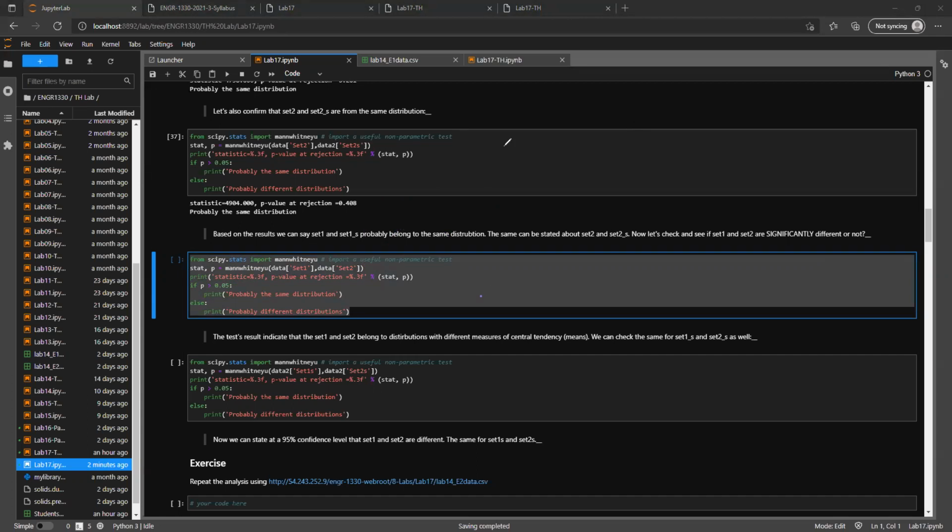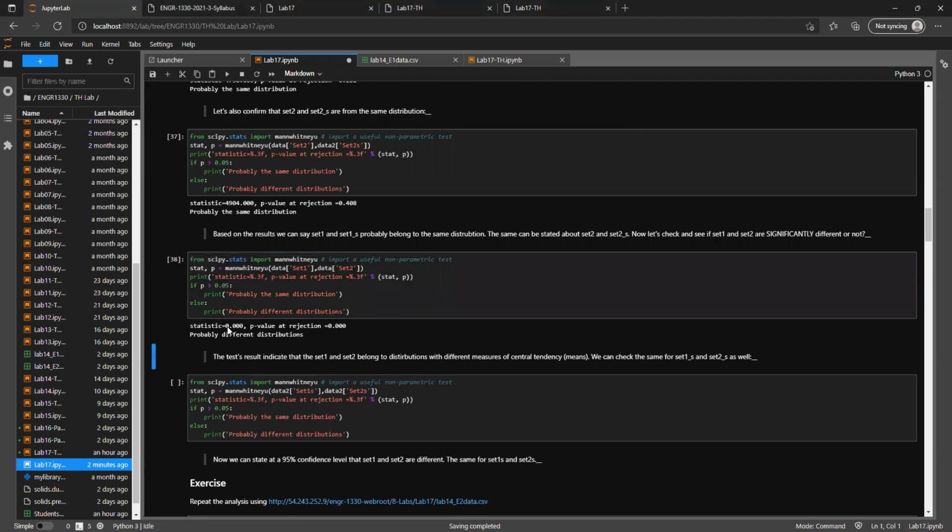All right, so let's run our test. And it says these are probably different distributions. And this rejection is all the way at the right-hand side. So you can't infer everything from what the rejection was, but sometimes it can tell you some stuff. All we know is with a 95% confidence, these are probably different.